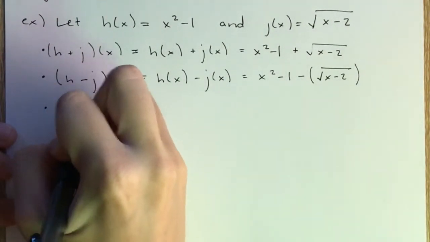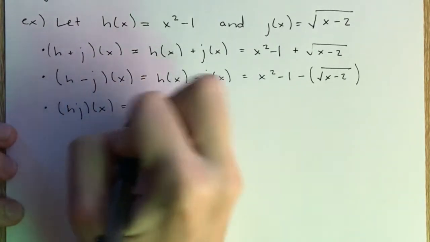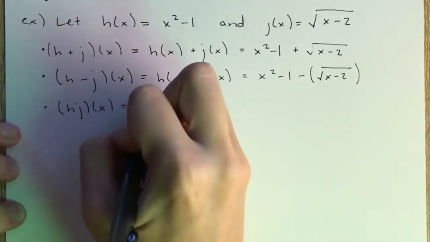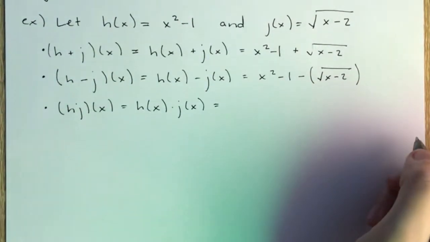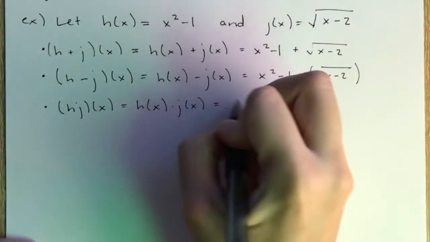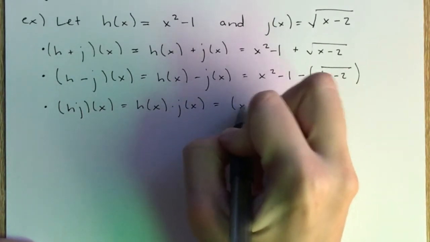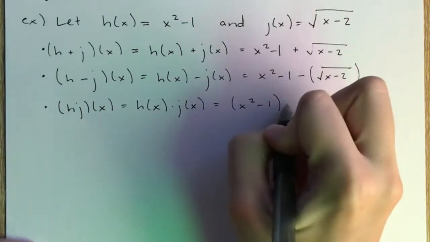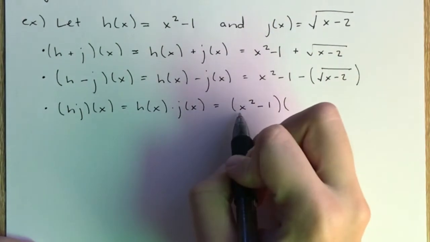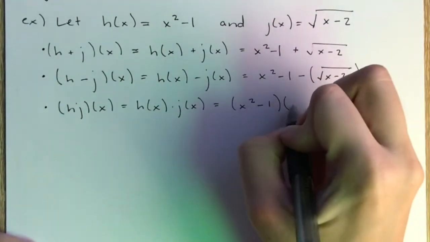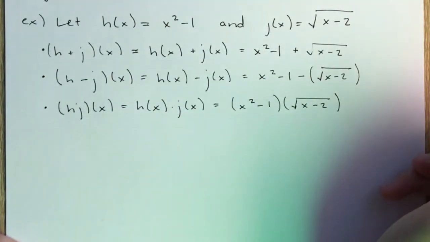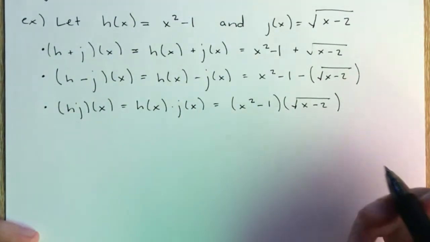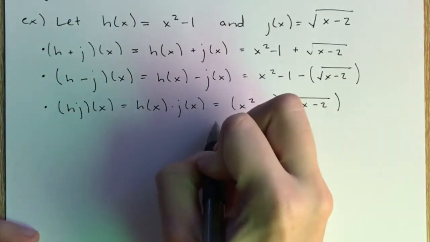(h times j)(x) is h(x) times j(x). We replace them. This one we definitely need parentheses, right? We want to make sure that we know to multiply all of these terms by this one. We can simplify a little bit here, if this had asked us to simplify.